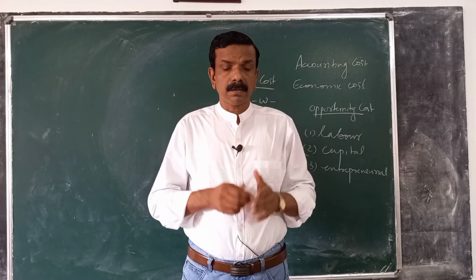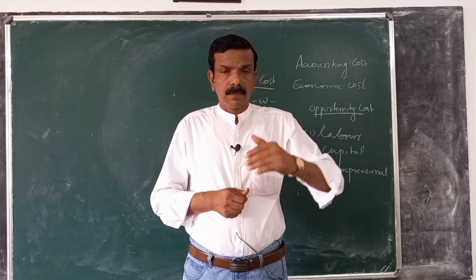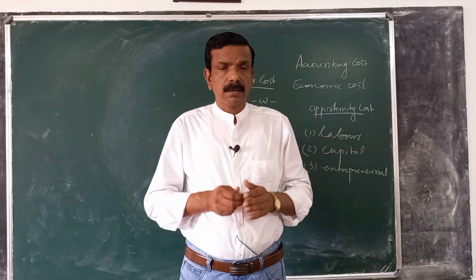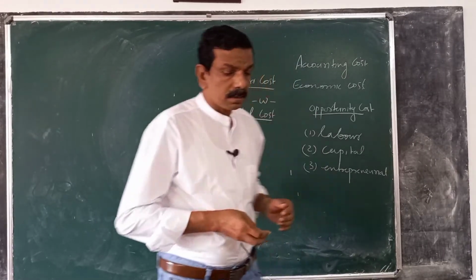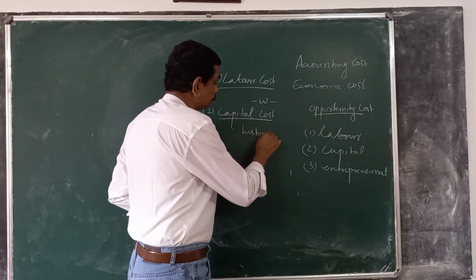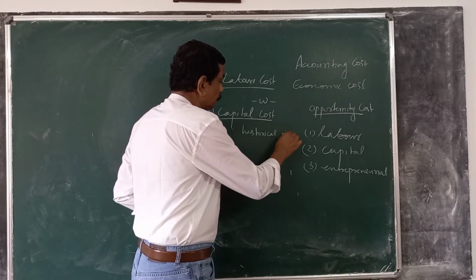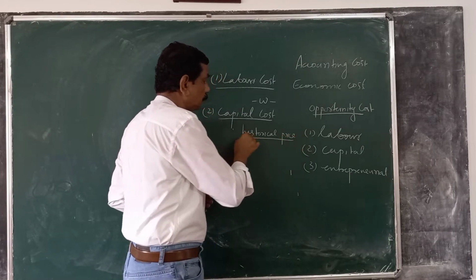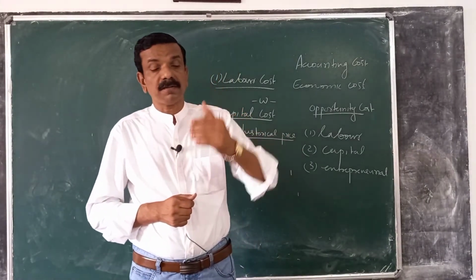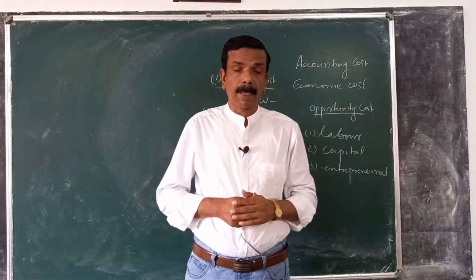For an accountant, for calculating the cost of capital, the accountant will consider the historical price of capital. Historical price of capital means the cost of purchasing the capital goods, the cost of purchasing the machinery.